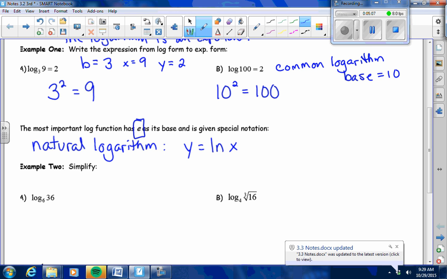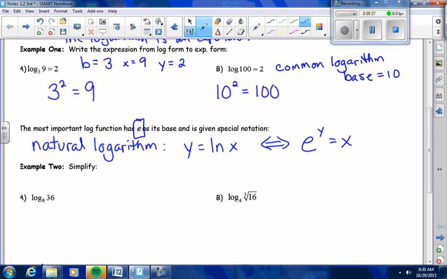Y equals natural log of x. The base of this one is base e, and on the natural logarithm, the base is not listed. The exponential form is the base e raised to the y power equals x. Yep, that's the exponential form.